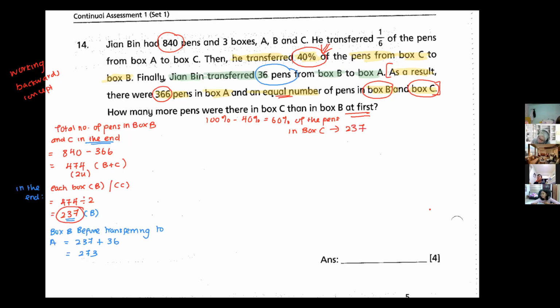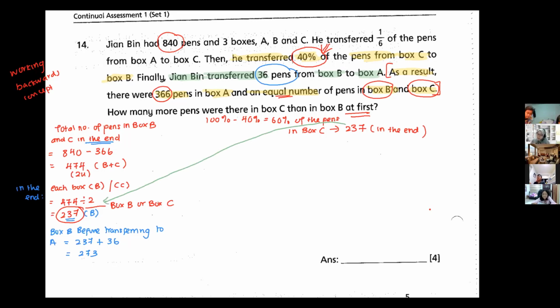This is for either box B or box C. In the end, what is left in box C is 237. This 237 comes from here.